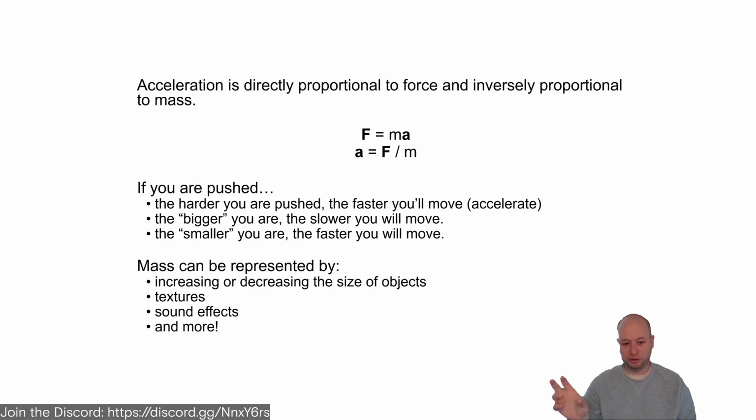Sound effects are also very effective at showing that something's massive. Because if something hits another thing and it's soft, you hear a little dull, like a boop, kind of sound. But if something's heavy and large and massive, and it lands, you can make a big poof, sort of explosion sound, like an explosive sounding effect.